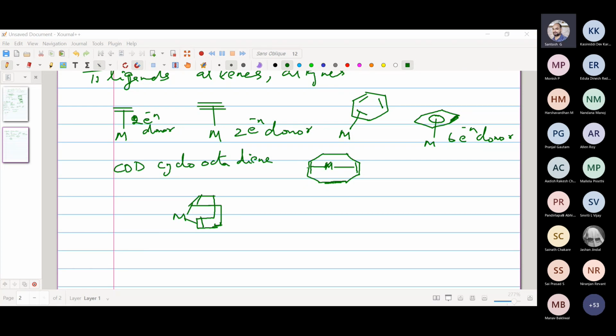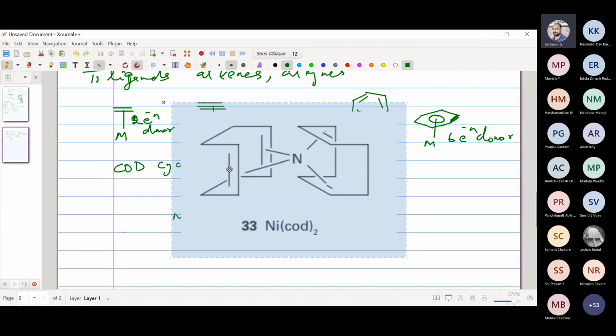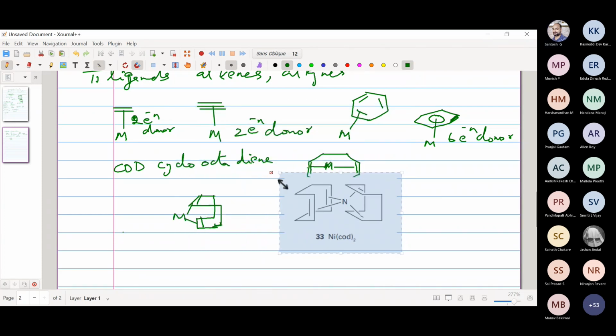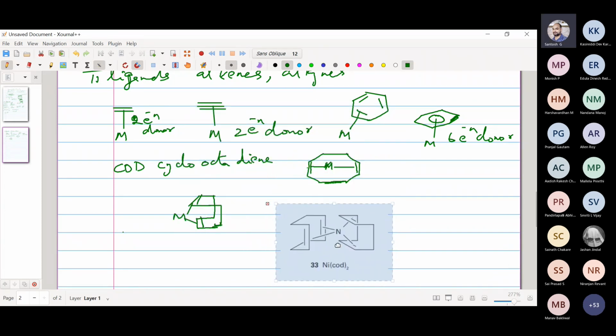I'll show you an example. Give me a moment. Take a look. Whatever molecule you see here is nothing but COD, cyclooctadiene.